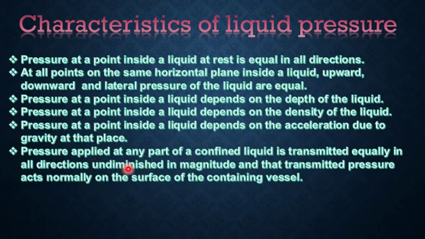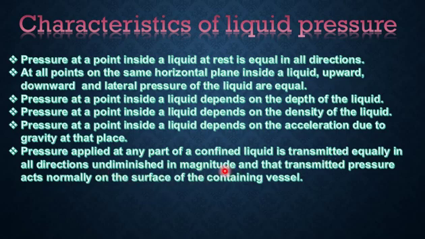Pressure applied at any part of a confined liquid is transmitted equally in all directions, undiminished in magnitude, and that transmitted pressure acts normally on the surface of the containing vessel. This means that confined means stored, which is not flowing. So if you apply a pressure on a liquid which is at rest, then that pressure gets transmitted equally in all directions.